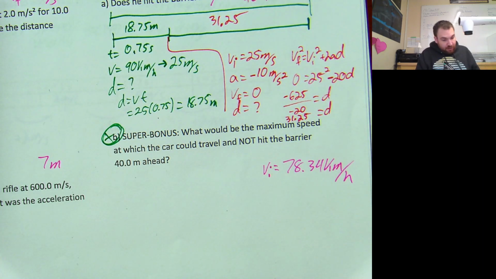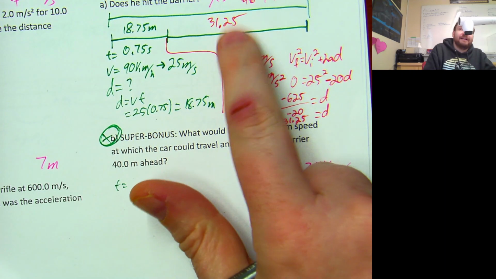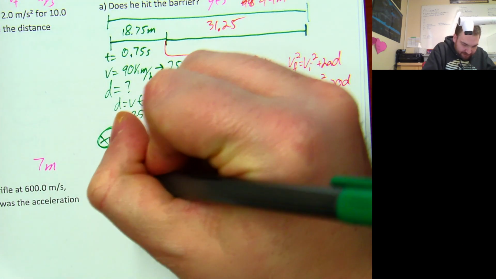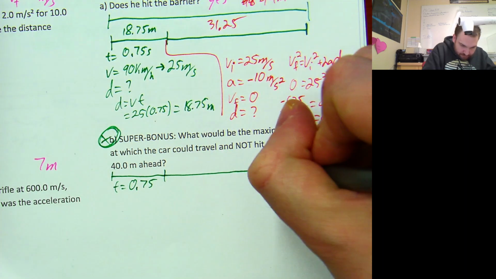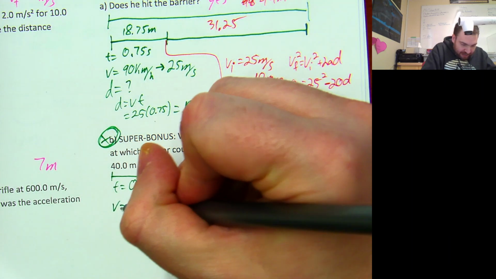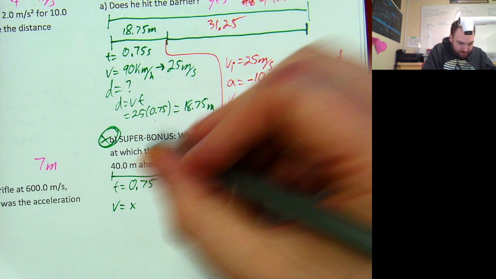So, we want to know what the speed is, the maximum speed, so that she doesn't hit the barrier. So my time is still, it's the same setup here. Time for that first piece is still going to be 0.75 seconds. The velocity, I'm just going to call x in meters per second.